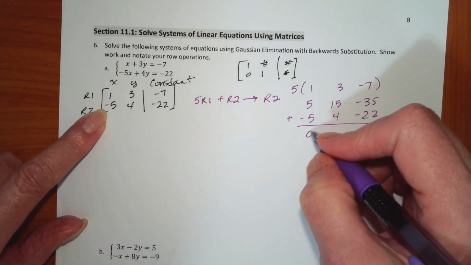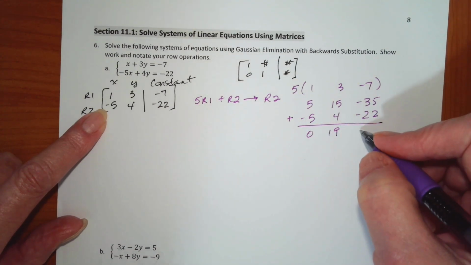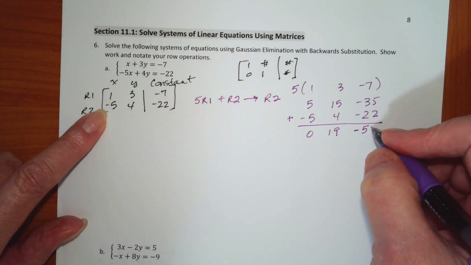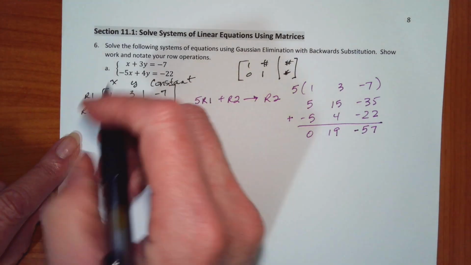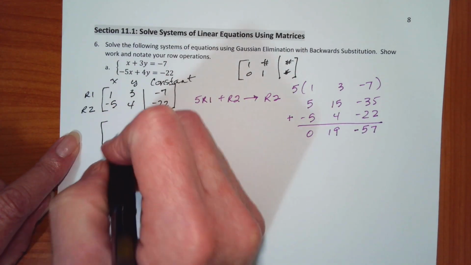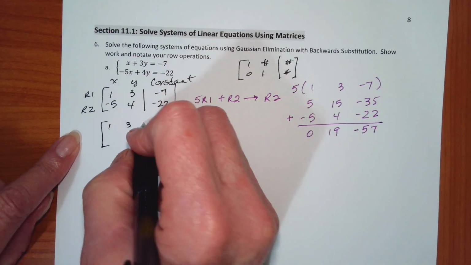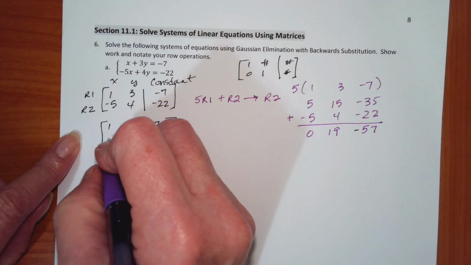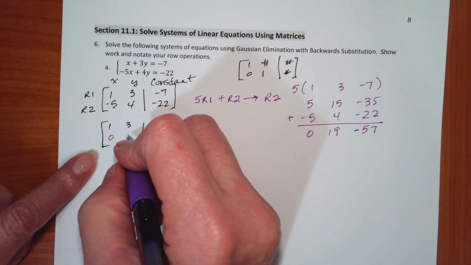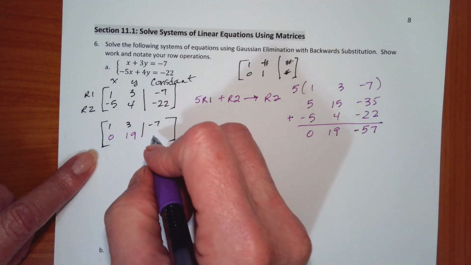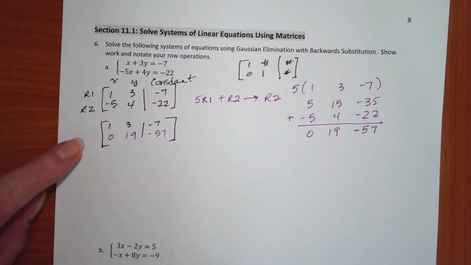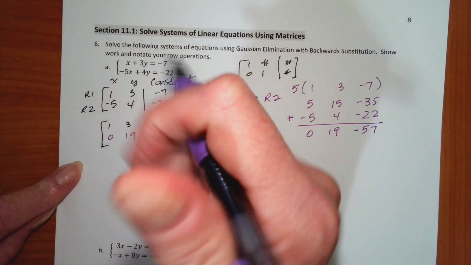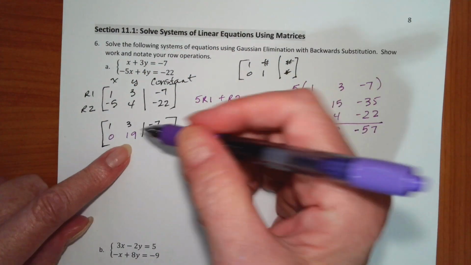And when I do that, I get 0, 19, and -57. So my new matrix becomes 1, 3, -7, and then this row becomes 0, 19, -57. Okay, so I'm going to start up here and get the 0 below it.